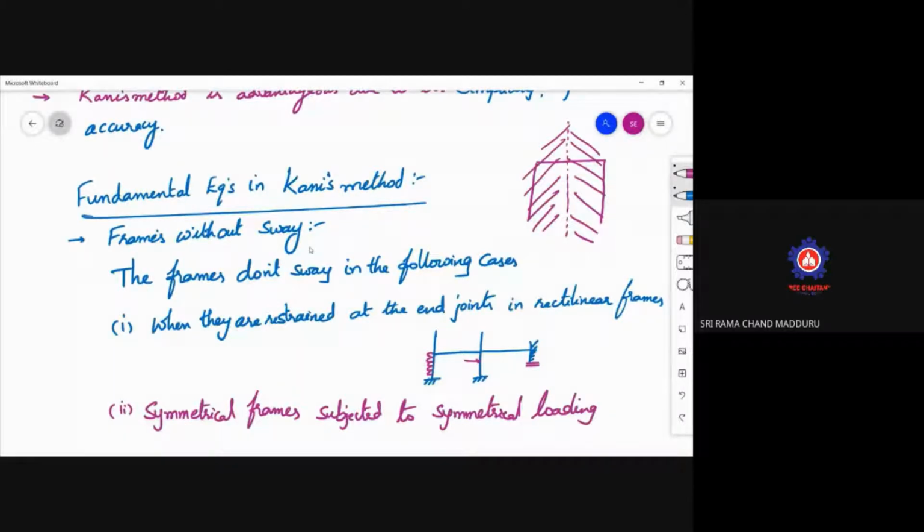Otherwise, the structure will undergo sway, so you have to analyze using sway analysis. Now we are considering non-sway analysis. So here I will consider a typical frame. For this typical frame, we'll start writing the equations.